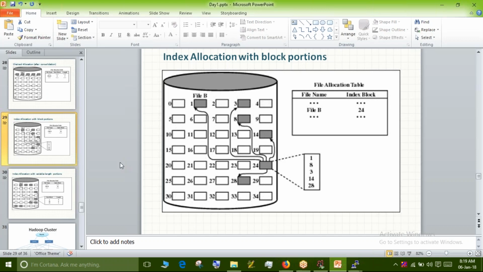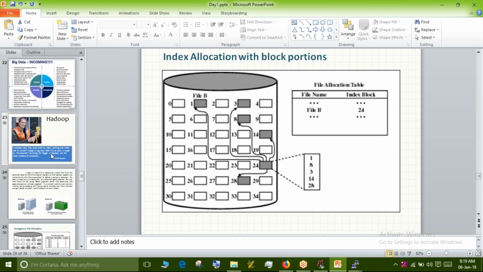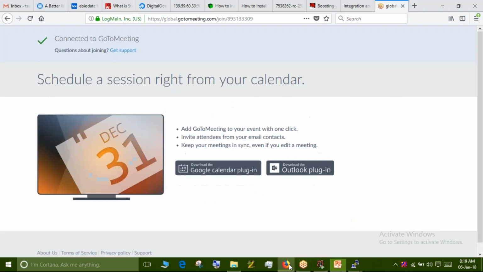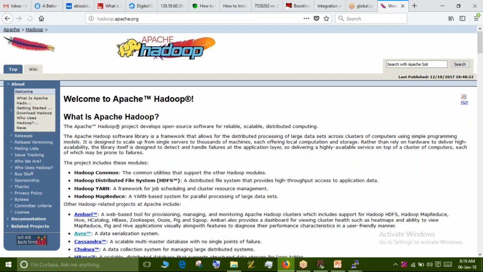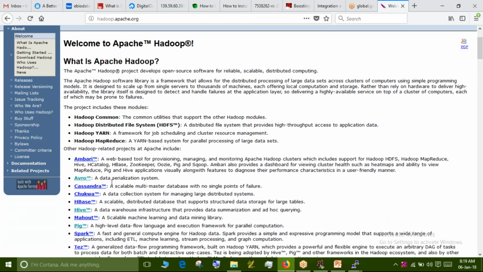Right? So if you have any questions, Ladan, please let me know. I want to clarify all those things before I take you to HDFS architecture. No, I'm clear with this. Wonderful. I appreciate.